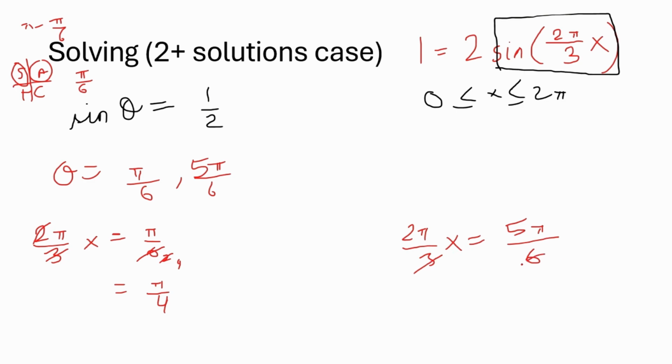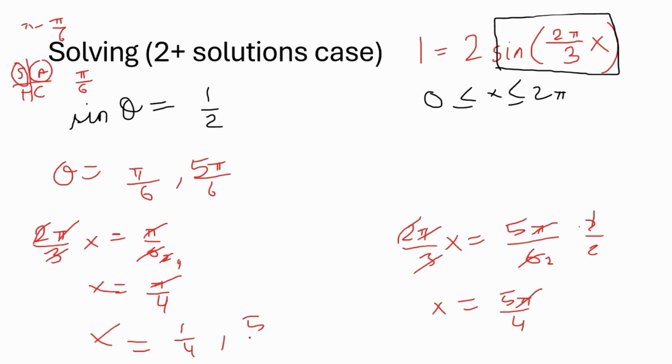Here, just doing the same thing, we get 5 pi over 4. So these are the two solutions we get. Oh, wait. The pi's cancel out too. So we get 1 over 4 and 5 over 4.